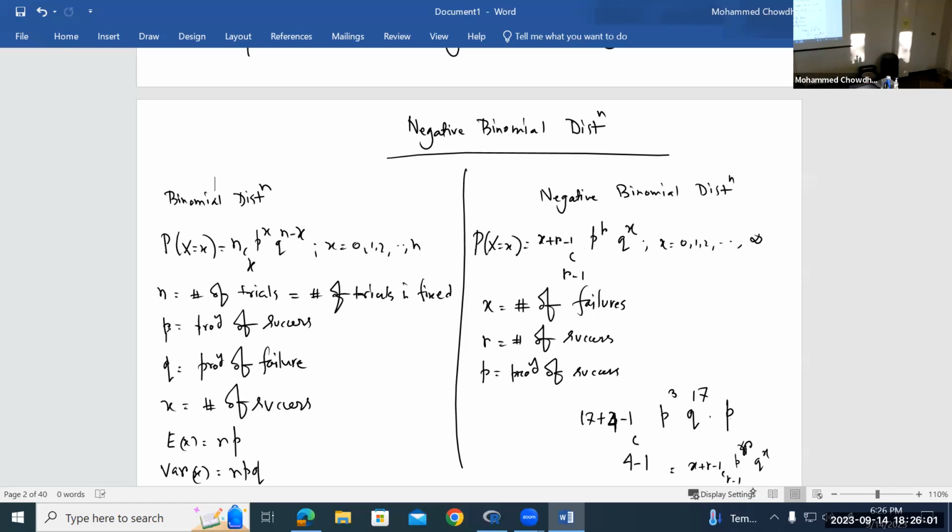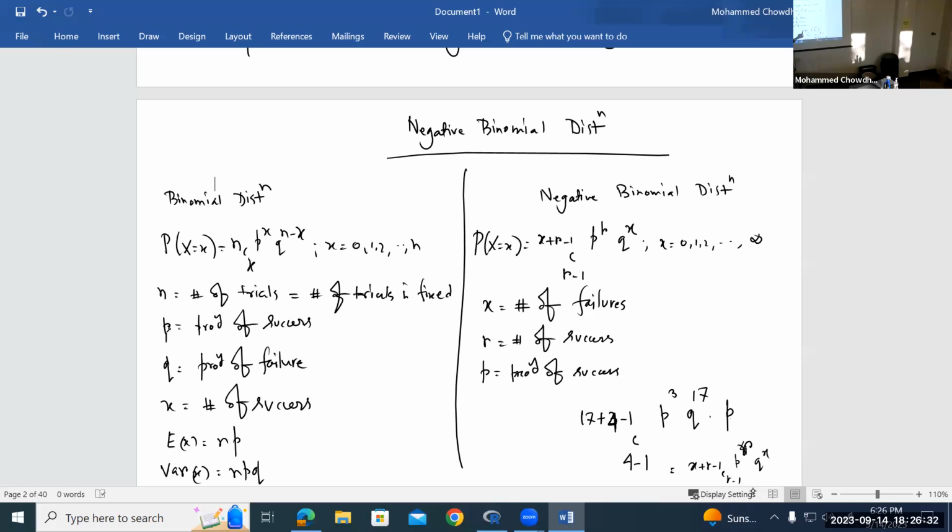That's the reason it is separated that way. This part is completely binomial, because 17 plus 3 equals 20, 20 C 3. So among 20 trials, he got 3 successes, and the last one is his 21st. Are you understanding?